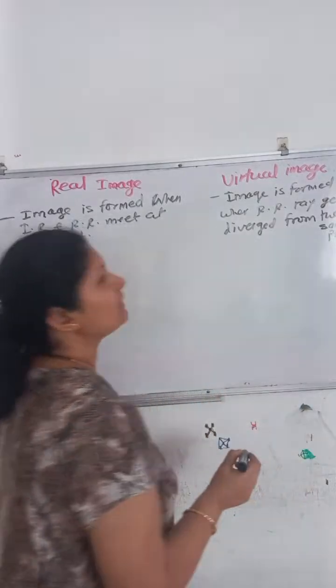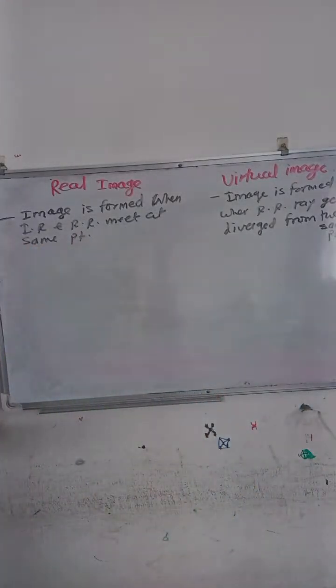So normally in convex we are getting virtual images, and in concave we are getting both real images as well as virtual images.